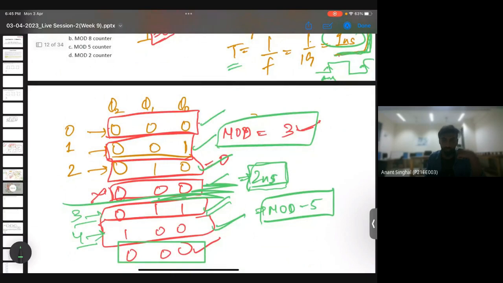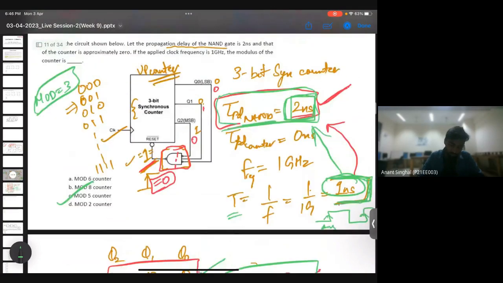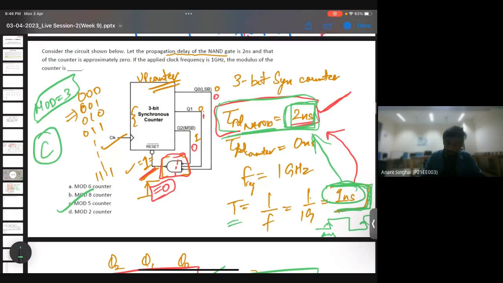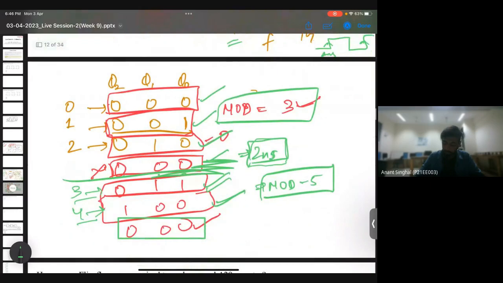Okay. Got it. So the correct answer to this problem is option C, mod 5 counter. You can take a look. We'll start the next problem in 2 minutes.